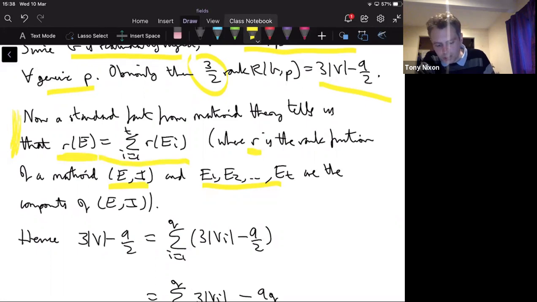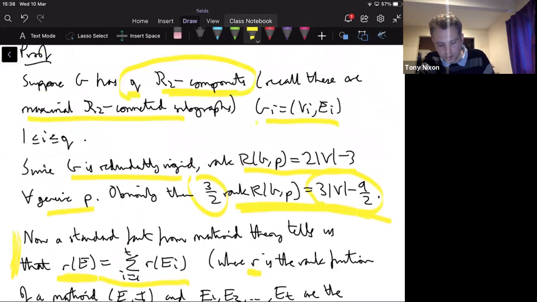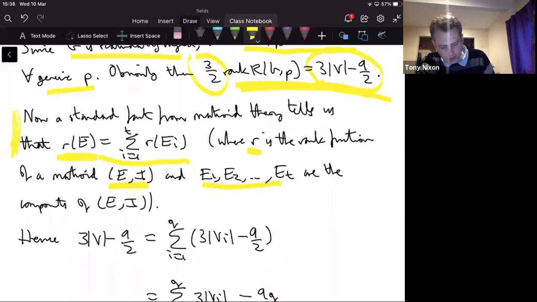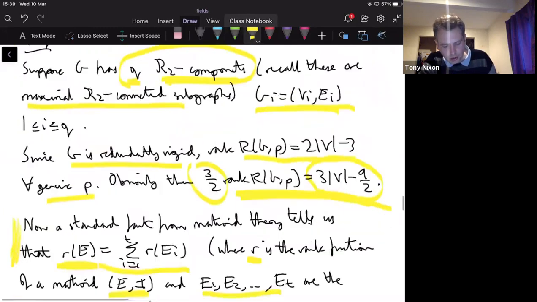So our rigidity matroid has this rank up here, and I'm going to express 3v minus 9 over 2 in terms of the sum of the ranks of each of the Q R2 components G_i equals (V_i, E_i). That's exactly what I do here. So the rank of the rigidity matrix is equal to the sum of the ranks of each of the components.